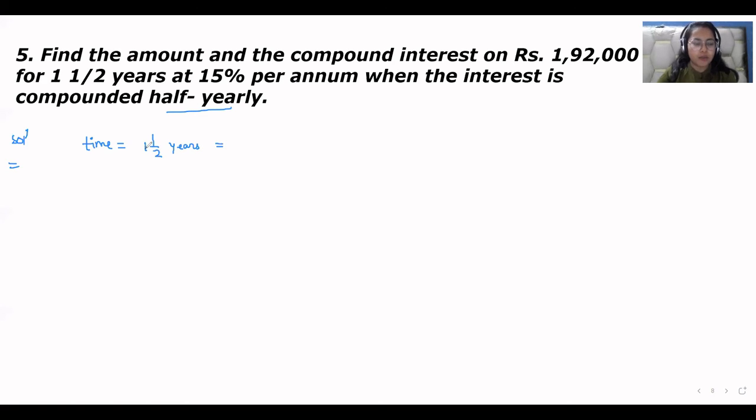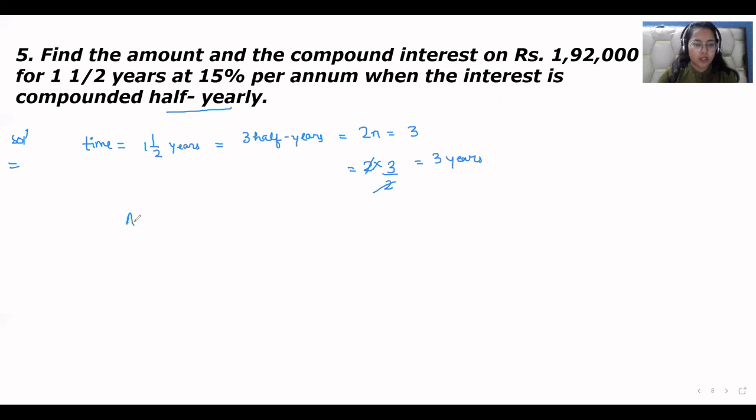So it will become 3 half years, right? So 3 half years means 2 times n, that is 3. How? 2 times 3 over 2, eliminate it. So it gives you 3 years.